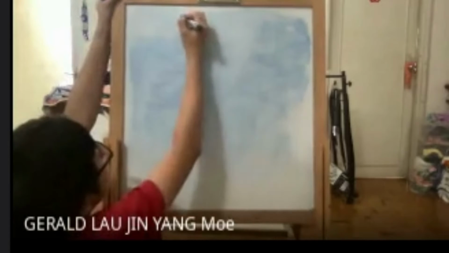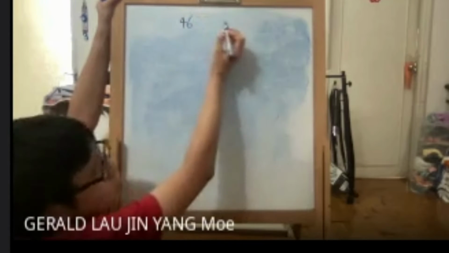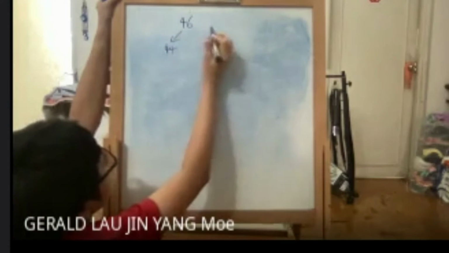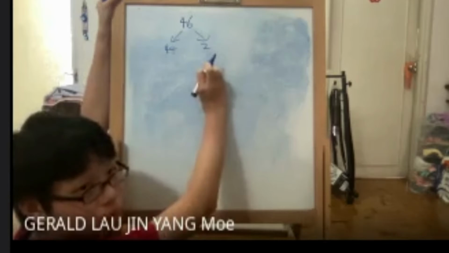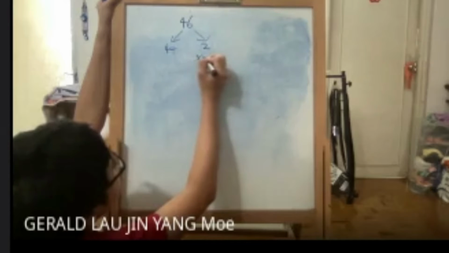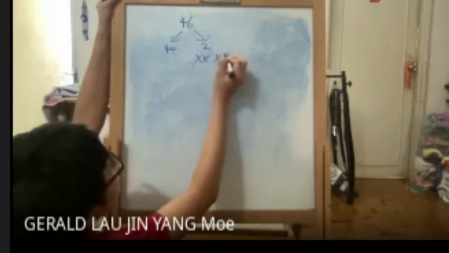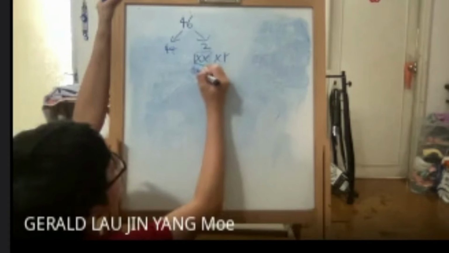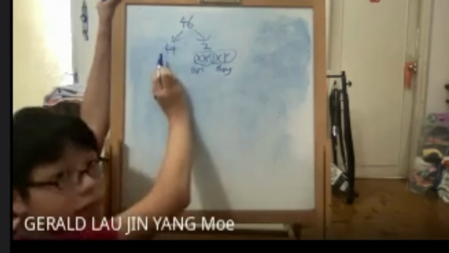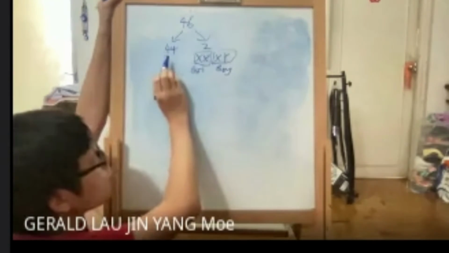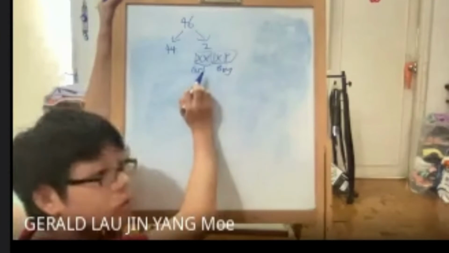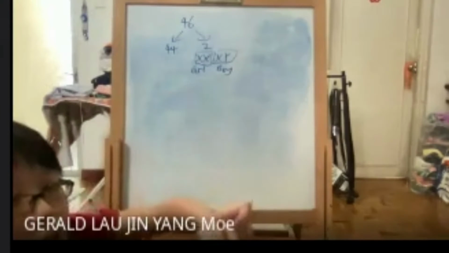Human being, we have 46 chromosomes. Okay, among these 46, we have 44 autosomes, 2 sex chromosomes. Okay, the 2 sex chromosomes will become XX or XY. Okay, XX is girl, female, XY is boy. Okay, so it means the 44 will be 22 pairs of autosomes and then one pair of sex chromosomes.